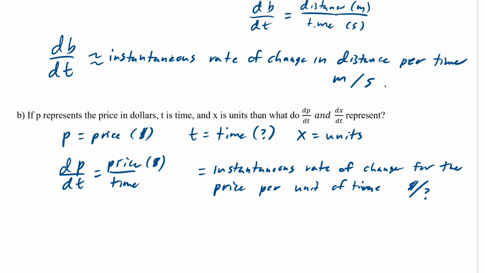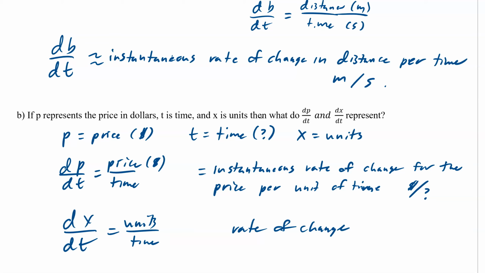So we get to see how is the price changing with time by taking the derivative with respect to time. And then we can do the same thing with dx. This is the units per time. So again, it would be the rate of change for the units per unit of time.